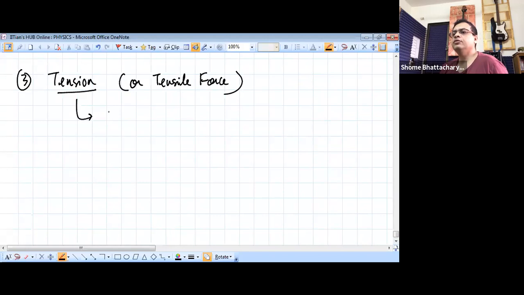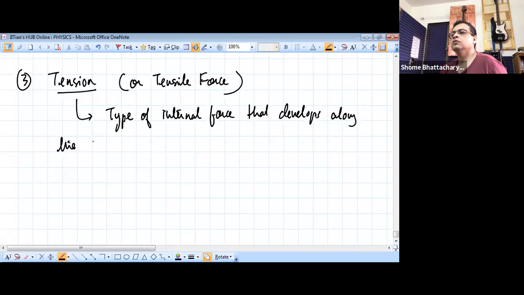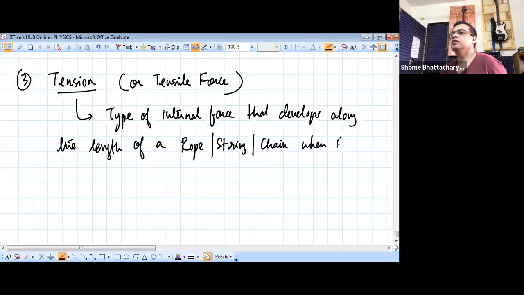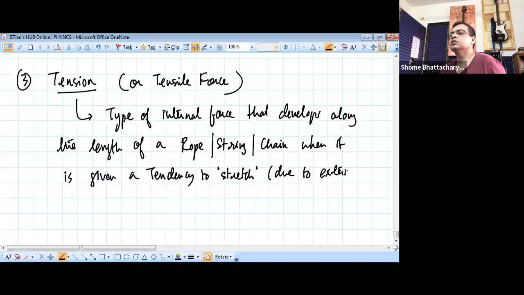This is a type of internal force that develops along the length of a rope or a string or a chain when it is given a tendency to stretch due to external forces.